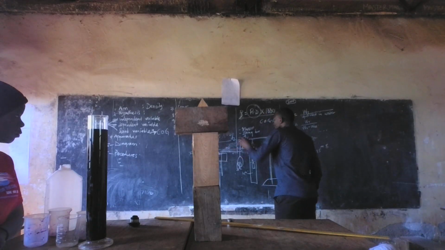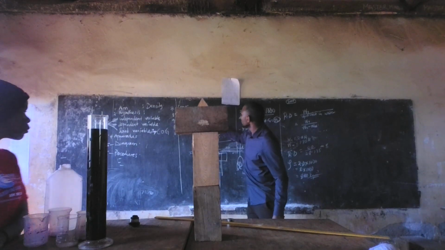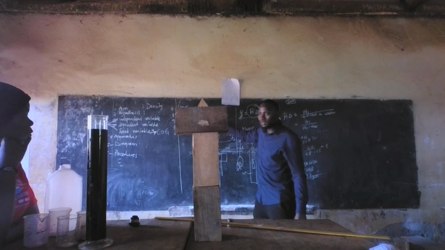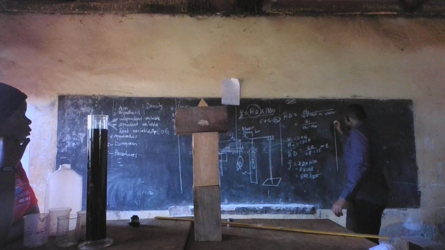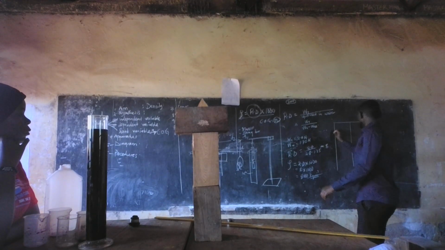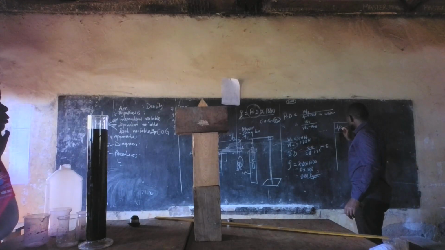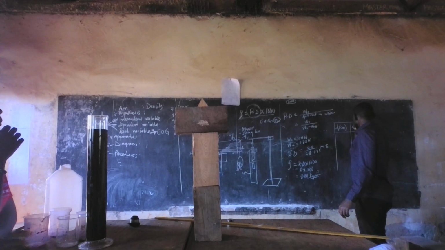Now this is where we come to data representation. We present data in a table for neatness. We shall draw our table neatly, and it will contain distance D1, which I will be changing, in centimeters. Then I will also obtain values of D2.